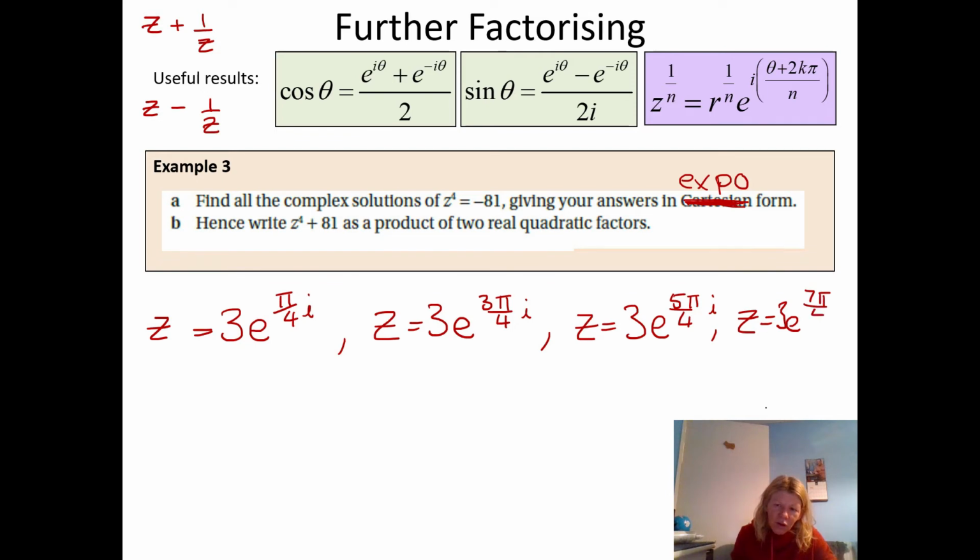The only thing we could argue about if things had to be left in principal form, if you remember, these things have to be between minus pi and pi. And obviously these last two are not between minus pi and pi. So you might want to take 2 pi off them to get them in the range.